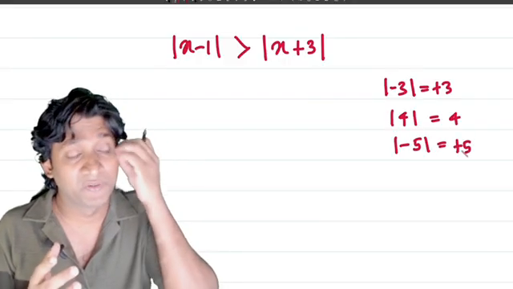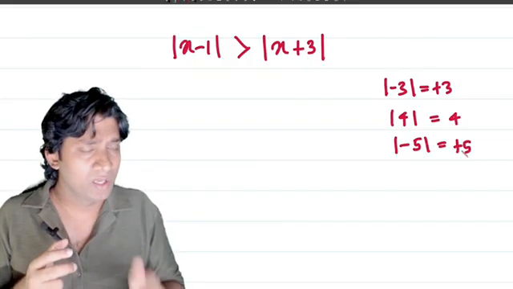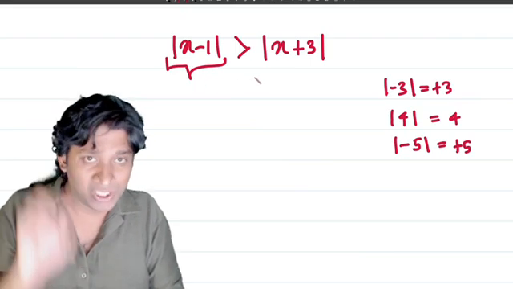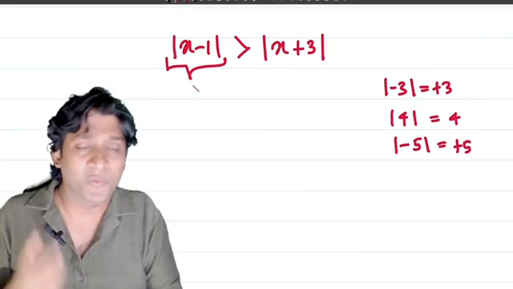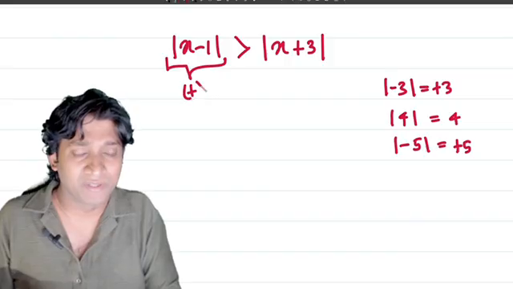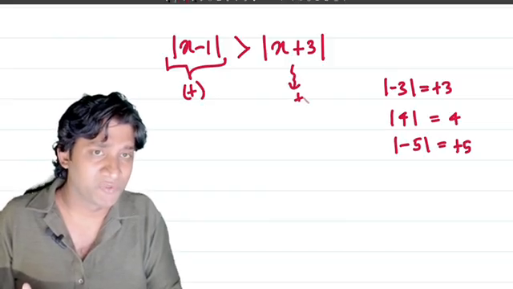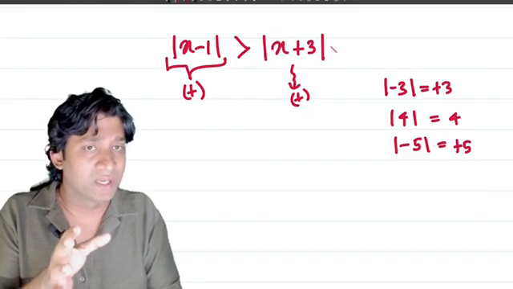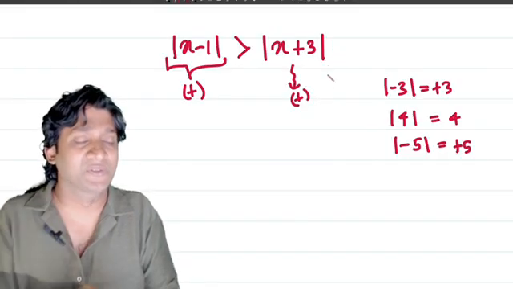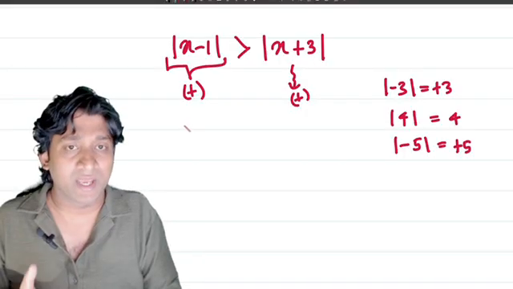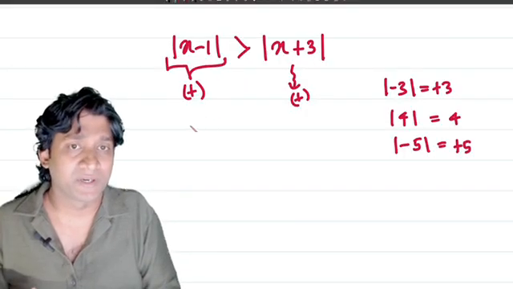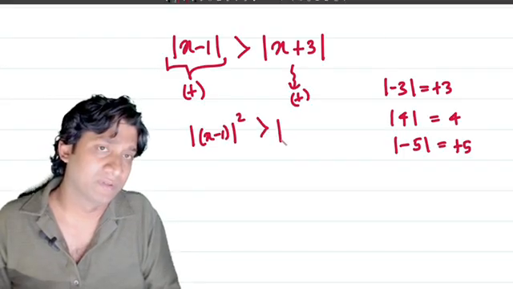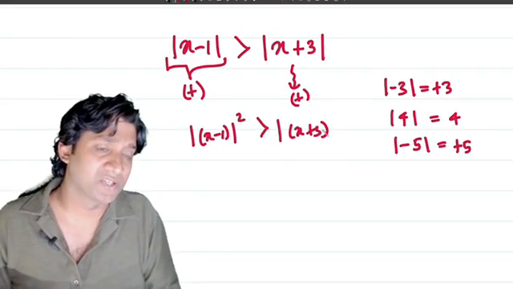That is what modulus means. So we can make sure that each side of this inequality is positive, because with the modulus the final value is a positive value. So we can make each side a square here. We can do this simplification.